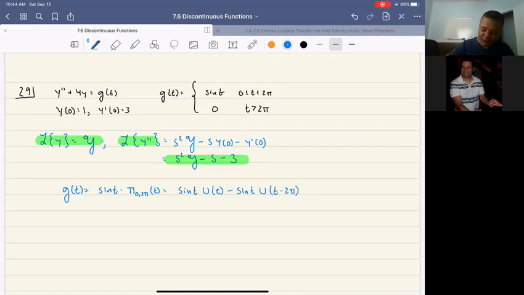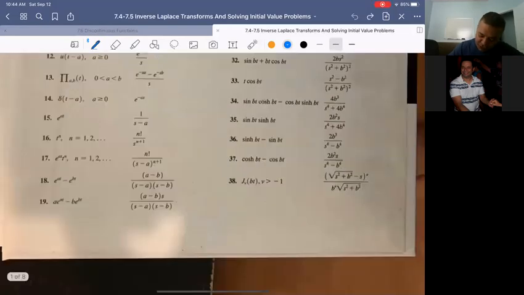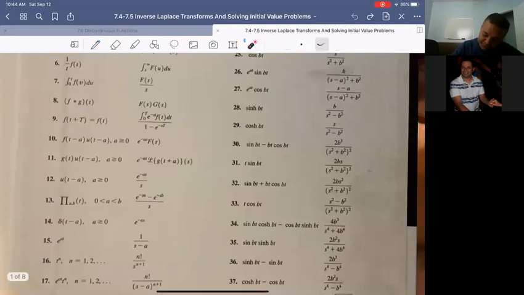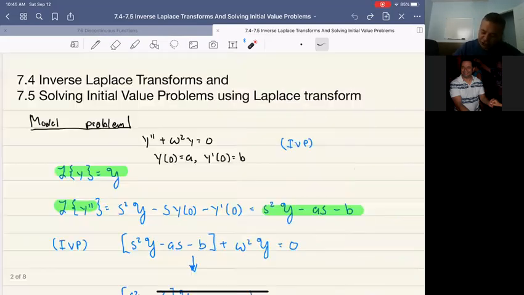Okay, so we're going to use this Laplace transform. The Laplace transform of g of t times a step shifts you to the other side.